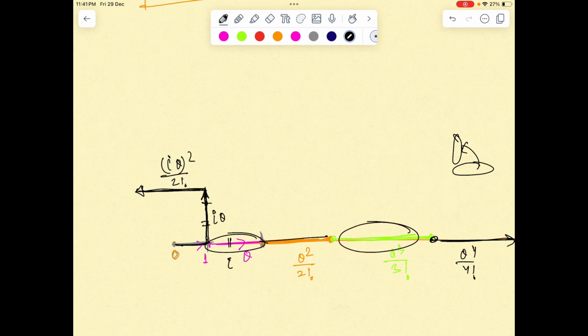Same magnitude leftward. Now we'll take this point, and we are multiplying again with i, right? Because i cube is there, so it will go down. And now we have the next distance, so we'll go right, and so on and so forth.